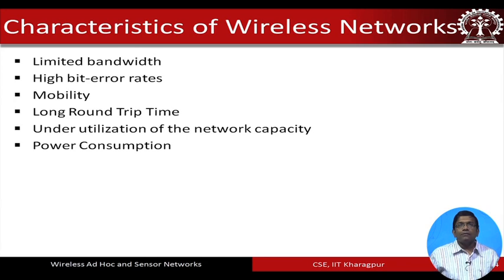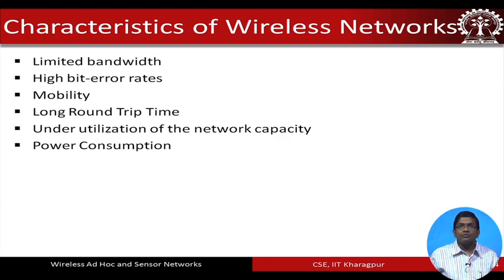When we talk about wireless networks in general, ad hoc or non-ad hoc, there are different characteristics of these wireless networks. These networks have limited bandwidth, and they have very high bit error rates. This is a very important thing: these are more error-prone environments, with much higher bit error rates compared to their wired counterparts. Mobility is another very important aspect.